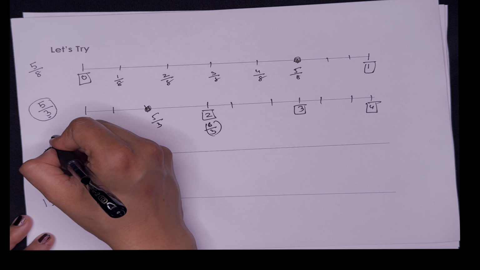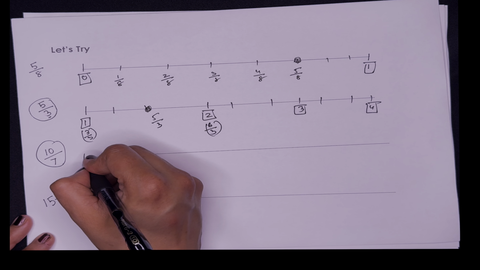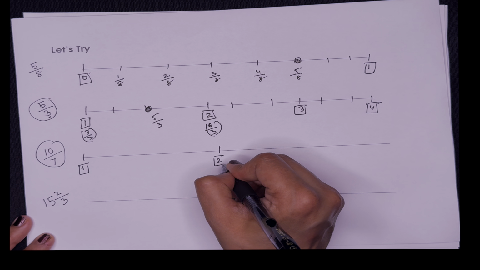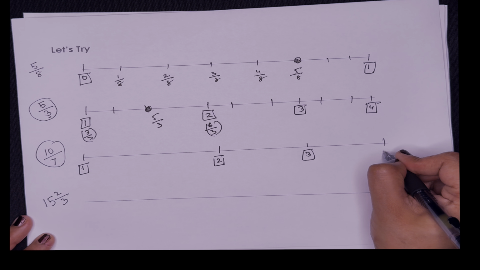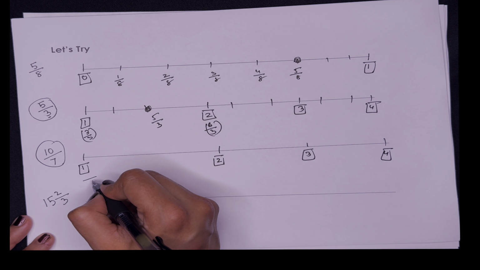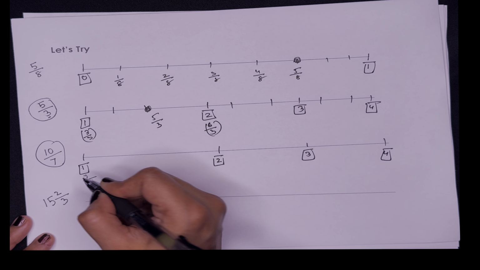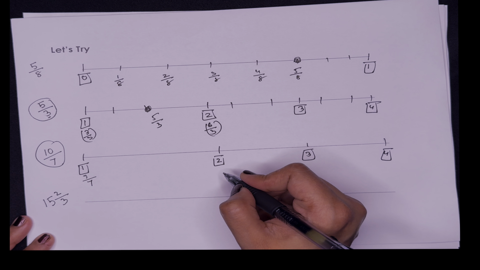Look at the third example, 10 by 7. 10 by 7, again an example of an improper fraction. It will go beyond 1, 3, and 4. If the partitions are sevenths, the numerator for the whole number 1 will be 7 by 7.